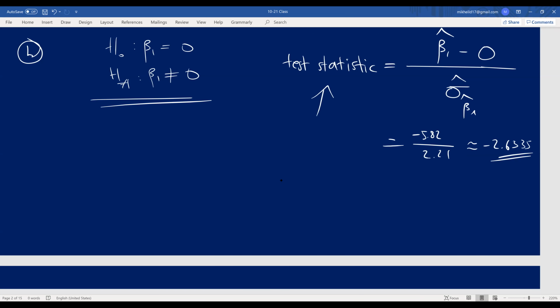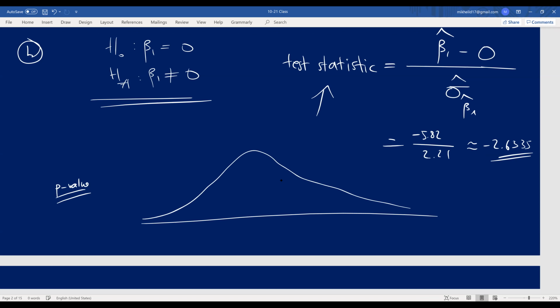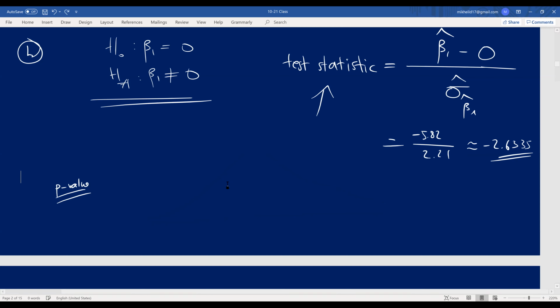But the thing is, we here need to calculate the p-value, right? So what would be with the p-value, guys? So remember, this is a standard normal density. Usually a standard normal density does not look like that. Unfortunately, I'm very bad at drawing.